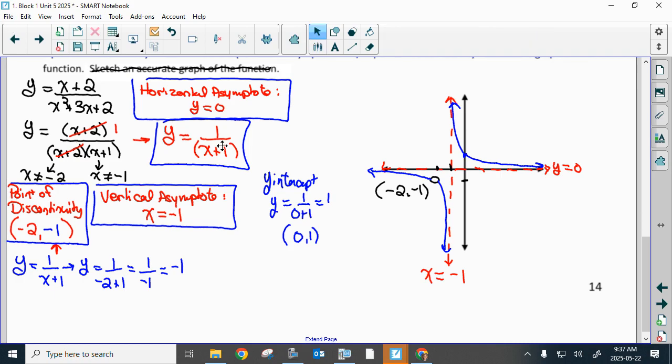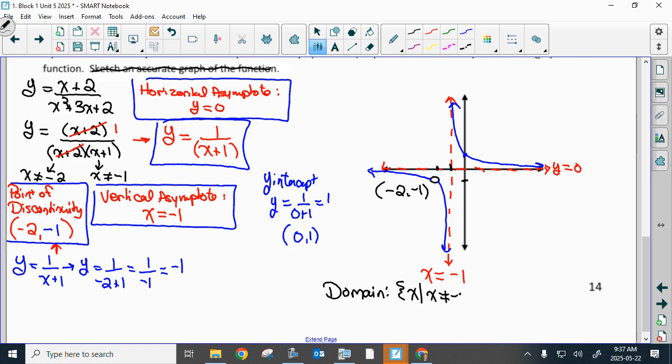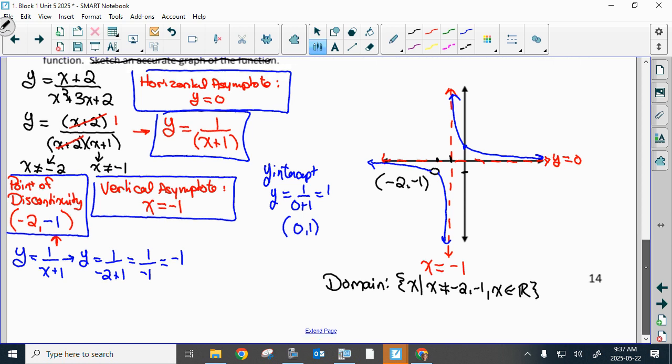Now, domain is super easy because it goes back to your original NPVs from grade 11. So you would just say x can't equal -1 and -2, x is an element of the real number system. For the range, there's two parts to it as well.